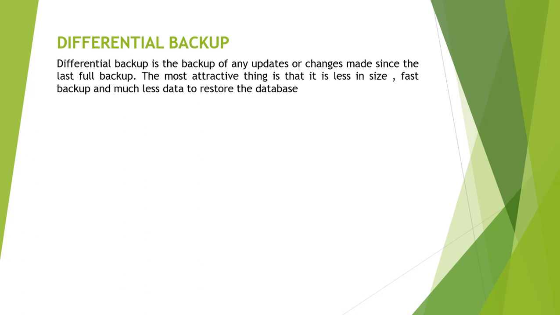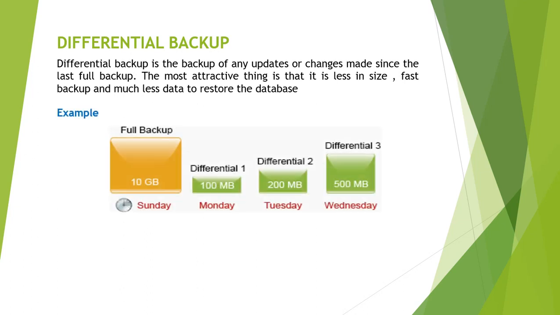The following image will clearly demonstrate with an example what differential backup is. On Sunday we have taken a full backup whose size is 10 GB. After that, on Monday we take a differential backup, which is 100 MB. What does it mean, 100 MB?